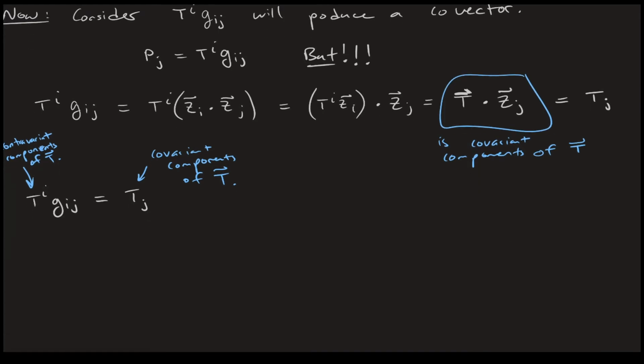That lowers our contravariant index. Okay, does that make sense? Again, I'll pause for questions, make sure everything's clear before we move on.